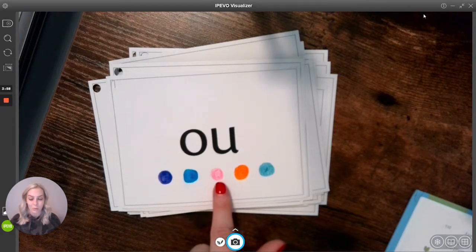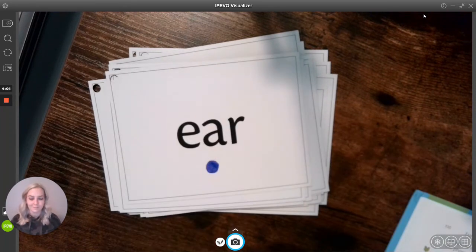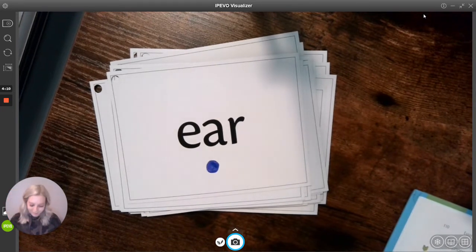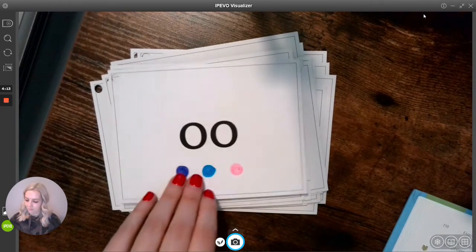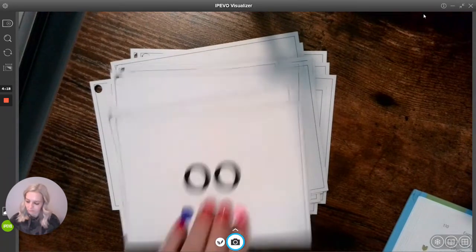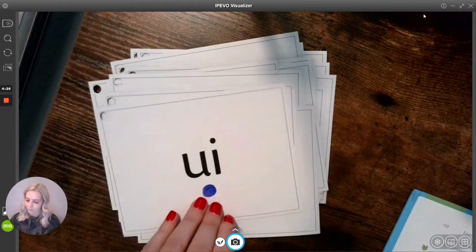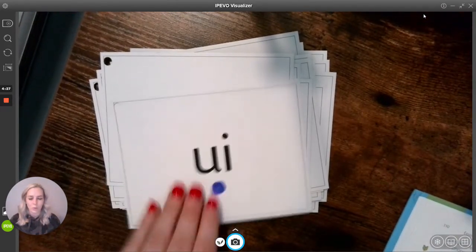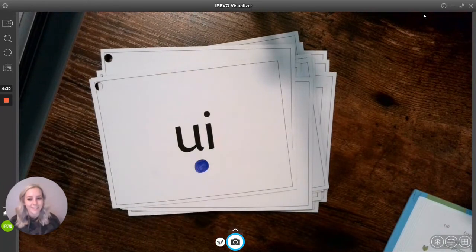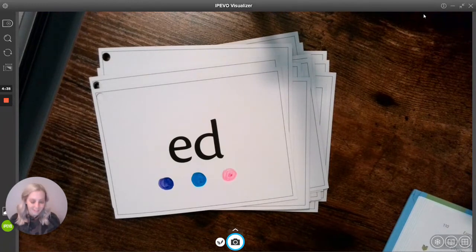Ow, O, oo. The of search, not your ear. Oo, o. Oo, that may not be used at the end of English words. Ed, d, t, past tense ending.